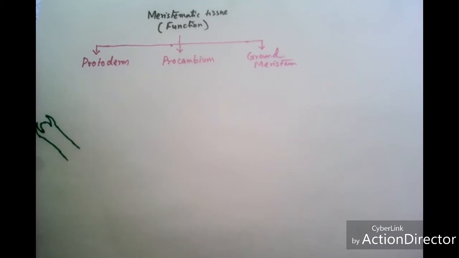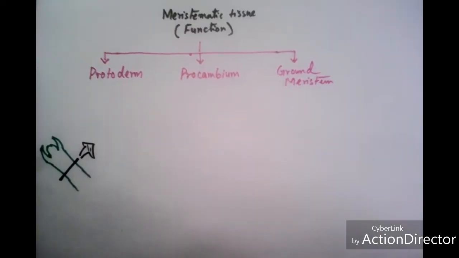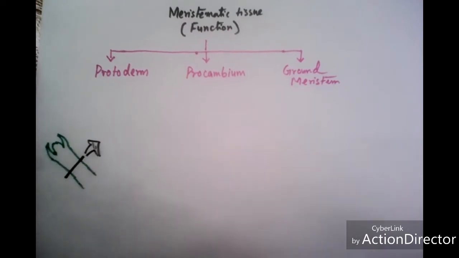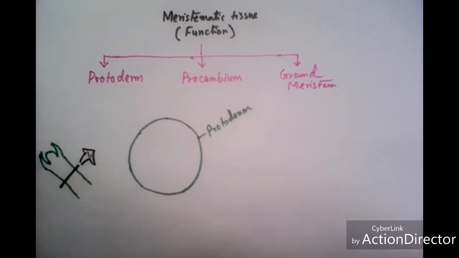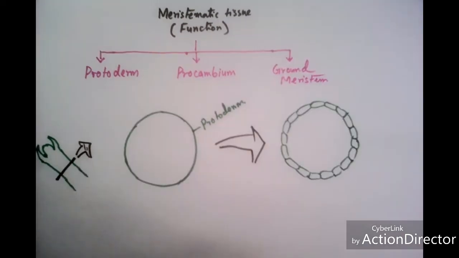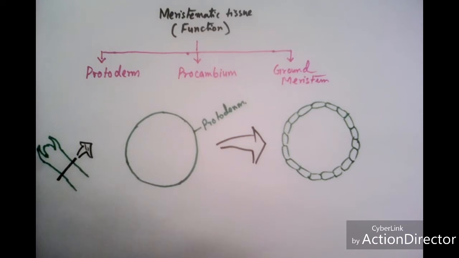This is a shoot portion of a plant. Protoderm is a thin outer layer of meristem, which later transforms into epidermis. So protoderm produces the outer layer, the epidermis.